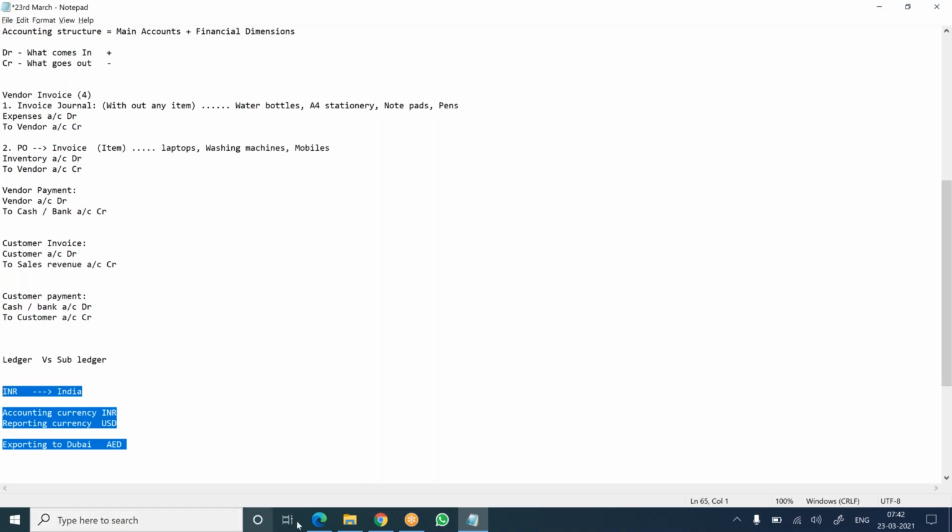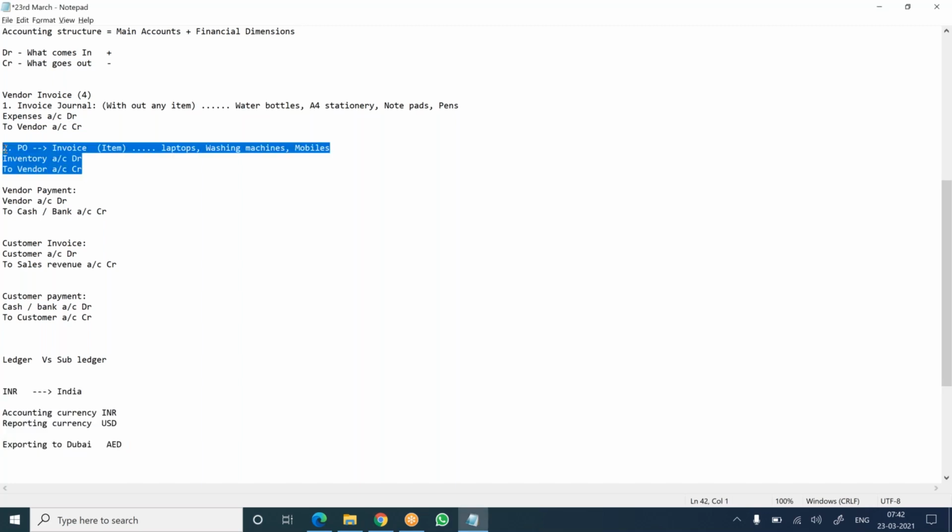And the purchase guy or store guy posted one invoice. Are we able to pay the amount based on that invoice? Yes, that is possible. No need to check a physical copy again or anything.